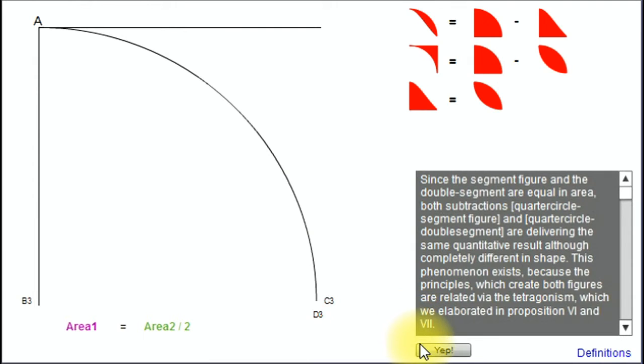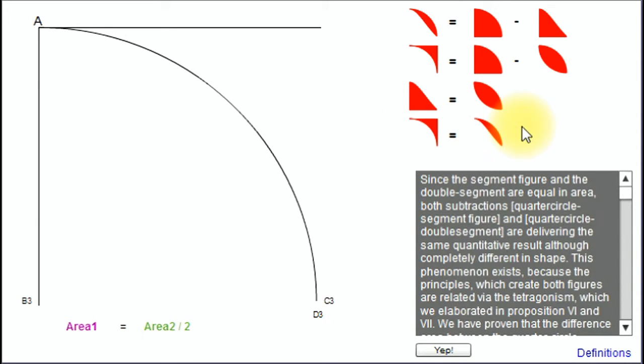We know now that the complementary area of the quarter circle must be equal to the area which is bound by the circular curve and the resecting curve, because when you subtract the areas which are quantitatively the same, namely the segment figure and the double segment, from the same area of the quarter circle, you must be getting the same area.